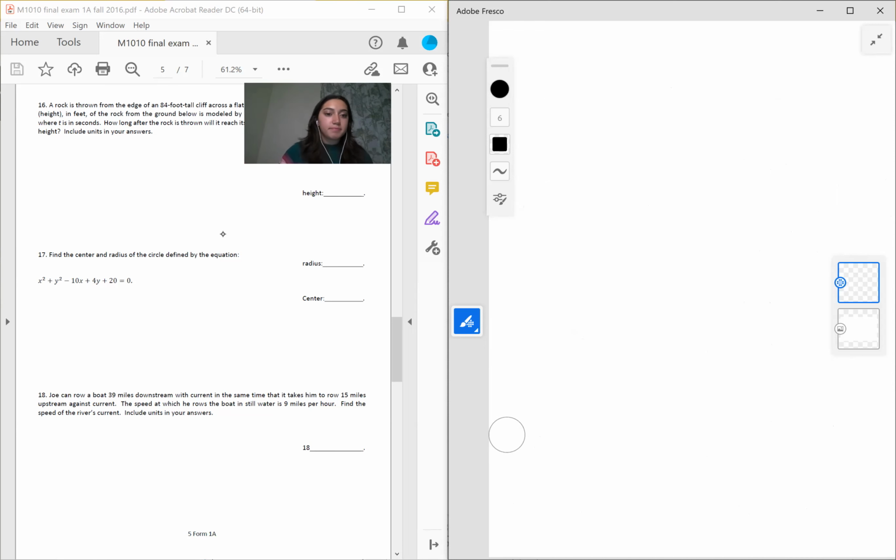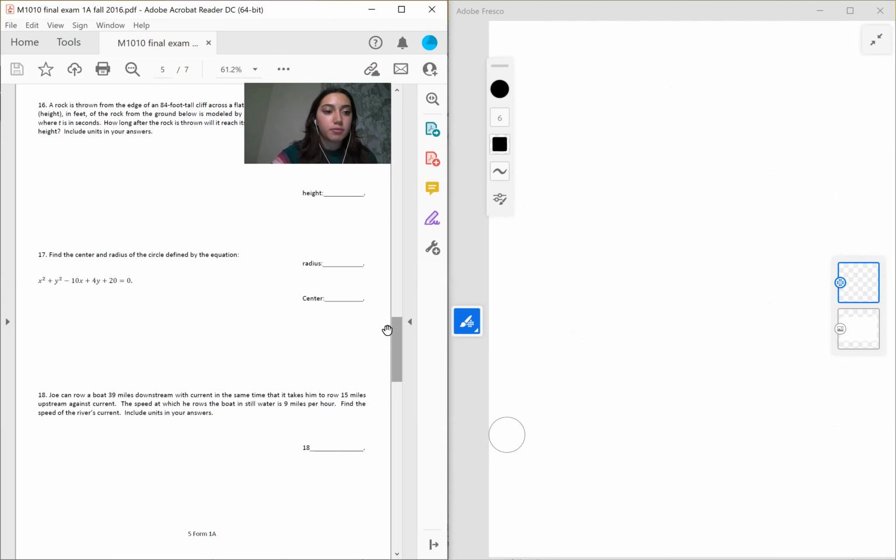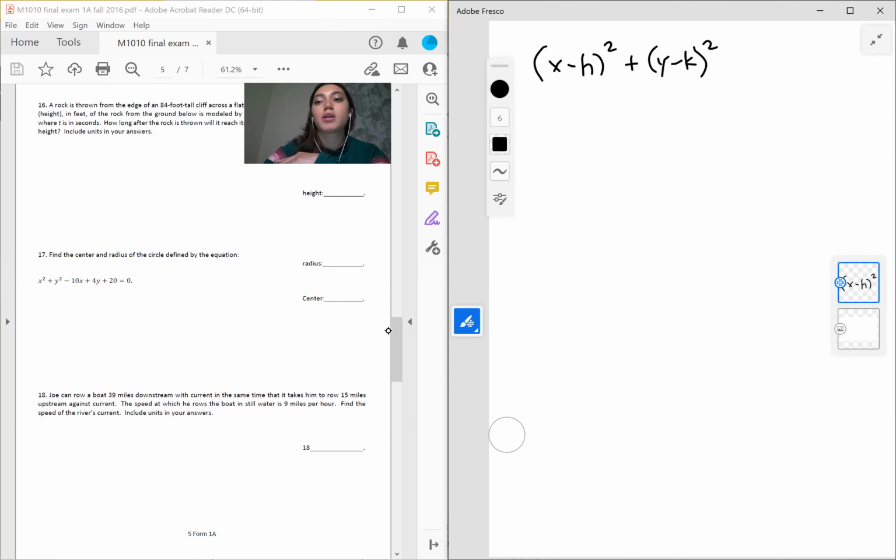All right. Let's do number 17, the one above the one we just did. It's a circle equation. And the formula for a circle is x minus h squared plus y minus k squared equals r squared.